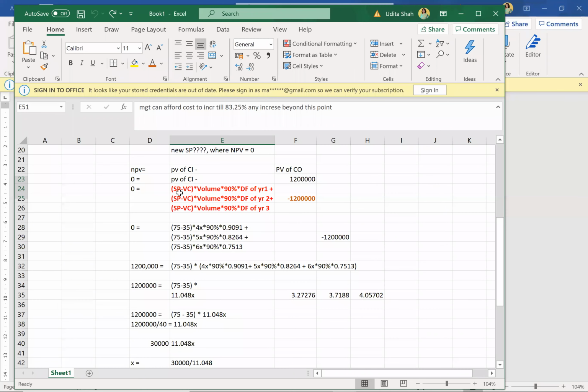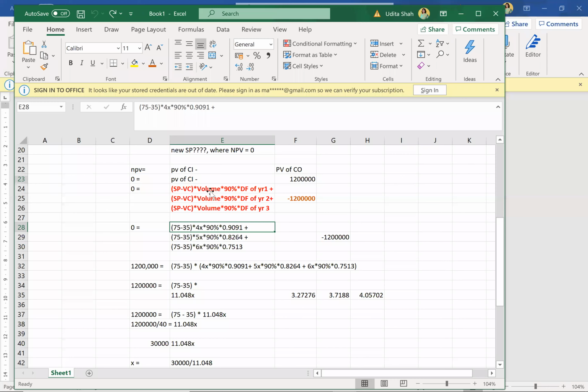But if sales volume changes, that will not affect my selling price per unit and variable cost per unit. So I'll keep selling price per unit the same, 75, and variable cost per unit the same, 35.